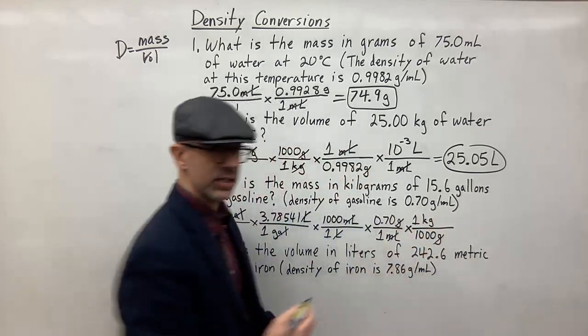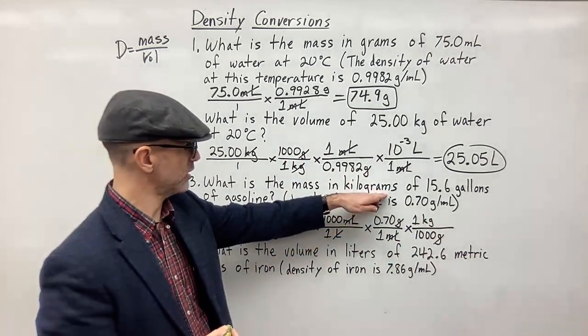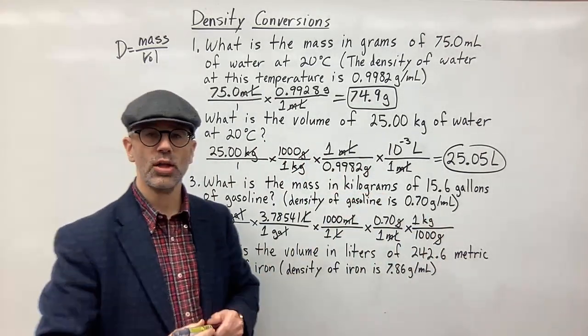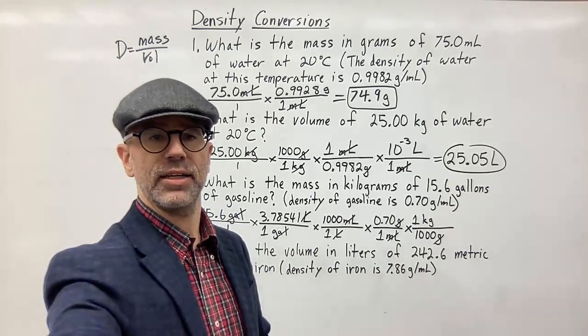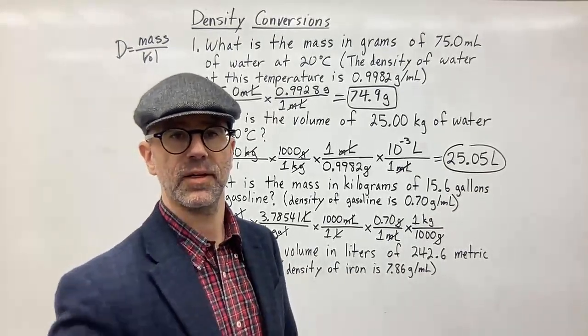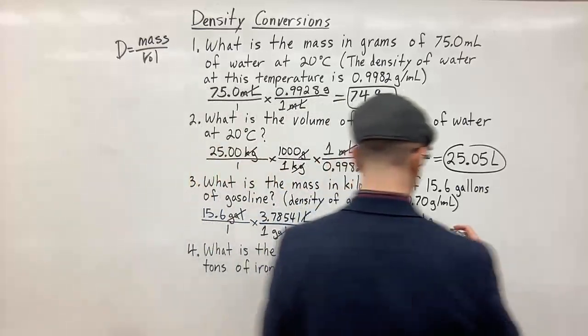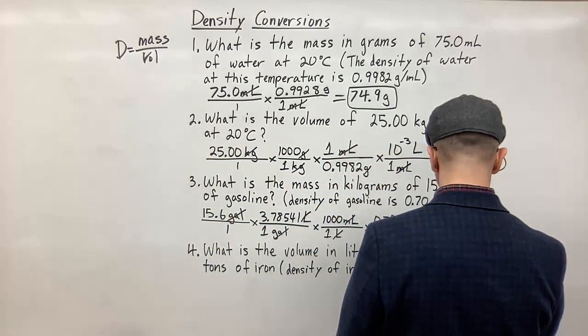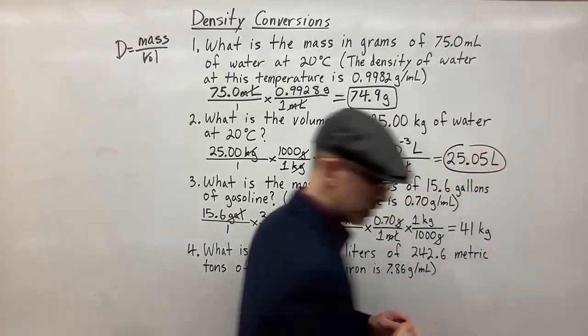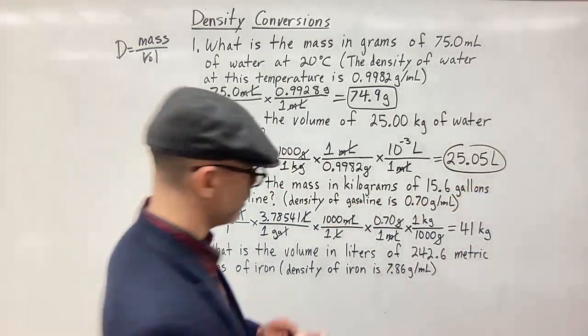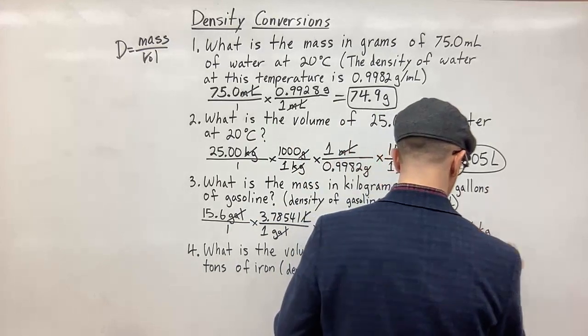So now that I have kilograms, which is what they're asking for, I'm done. So all I need to do is just calculate the answer. And when I do that, I get 41 kilograms. Let me double check. That is correct.